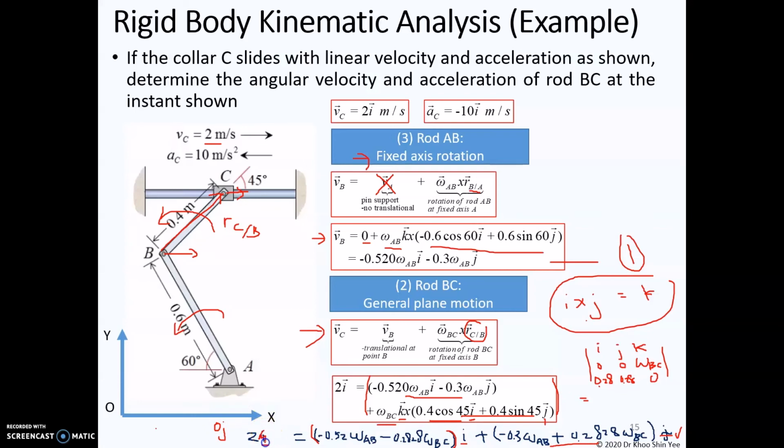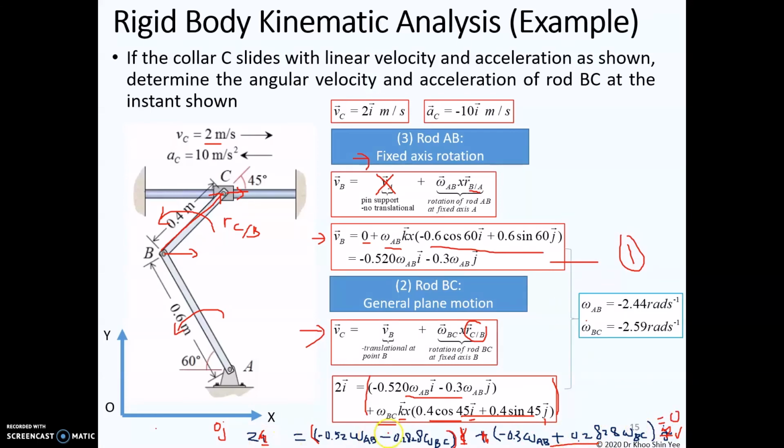Therefore, we can rewrite this to be 2 equal to this coefficient, and then this coefficient is equal to 0. So you have two equations and two unknowns. Therefore, you can solve the equations simultaneously to obtain this answer. And you obtain omega AB to be negative 2.44 and omega BC to be negative 2.59.